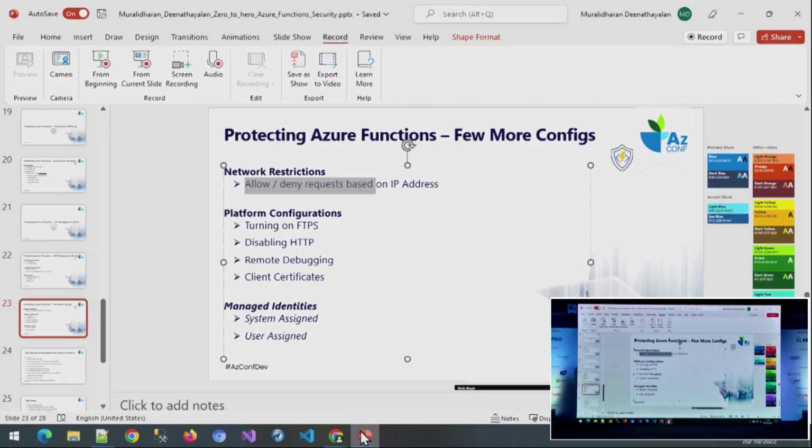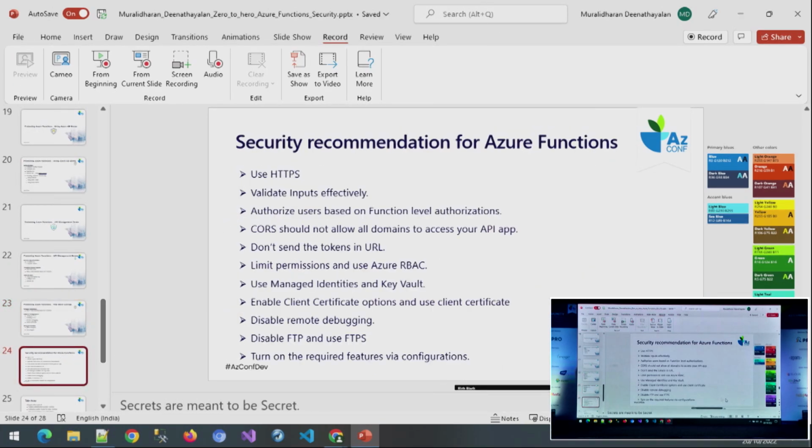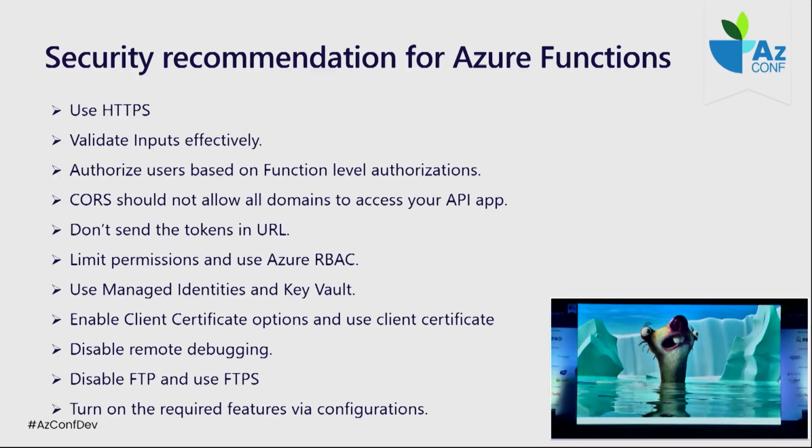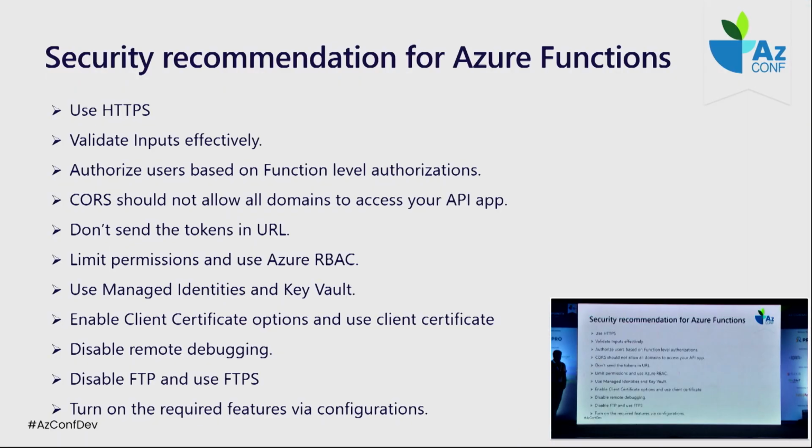Okay. So these are the recommendations that I want to talk about. Always use HTTPS instead of HTTP. Otherwise, though your request is authenticated by an identity provider, the tokens will still be generated in plain text, which is not suggested. Always verify your inputs, for example, for SQL injections.